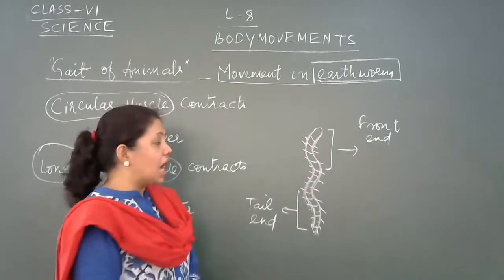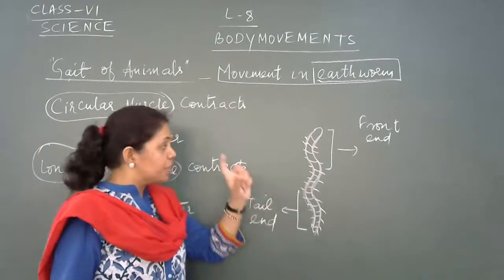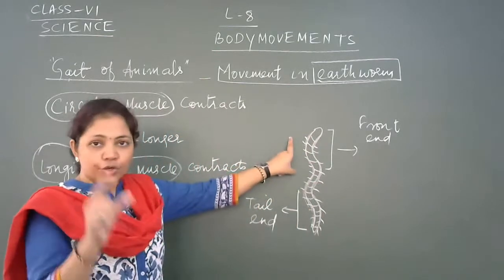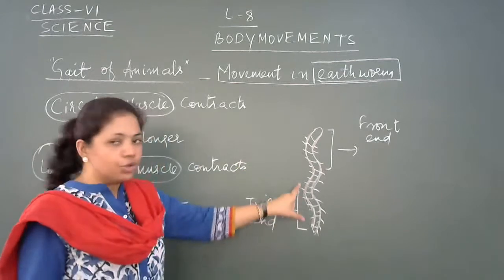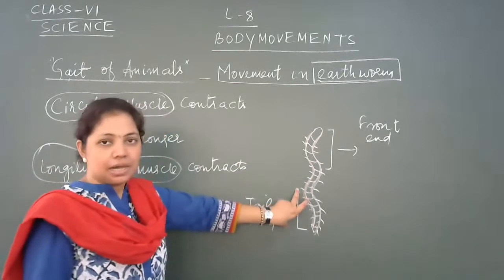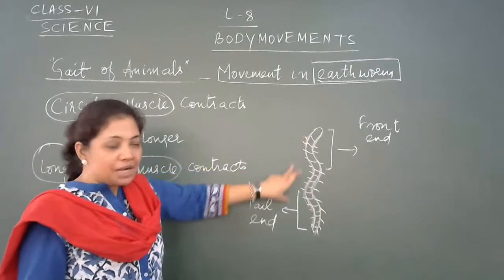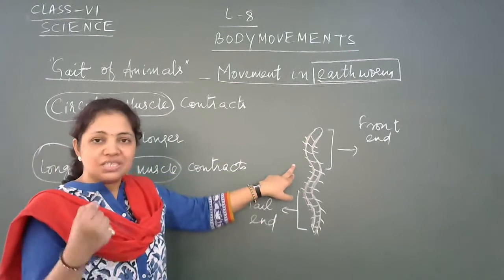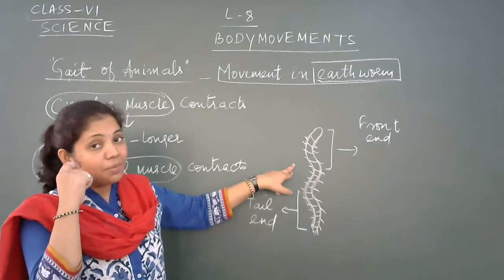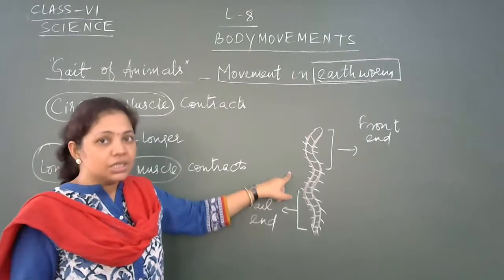Now what happens after fixing its body on the soil with the help of setae? जो अर्थवॉर्म है वो क्या करता है, जो उसका रियर पार्ट है, जो पीछे का पार्ट है बॉडी का, उसको वो सॉइल के ऊपर फिक्स कर लेता है। और जो आगे का पार्ट है, जो फ्रंट पार्ट है अर्थवॉर्म का, उसमें जो सर्कुलर मसल्स प्रेजेंट हैं वो कॉन्ट्रैक्ट होती हैं। गेटिंग माय पॉइंट?